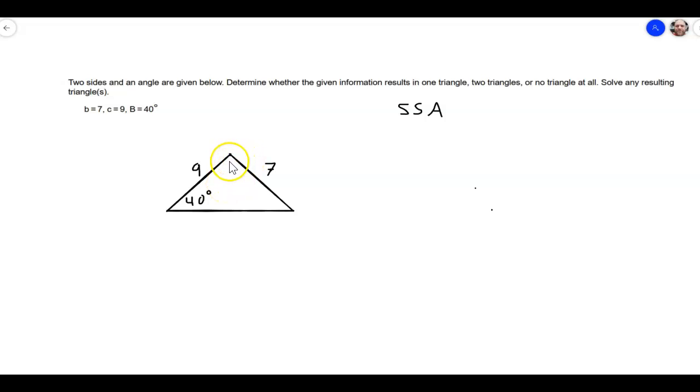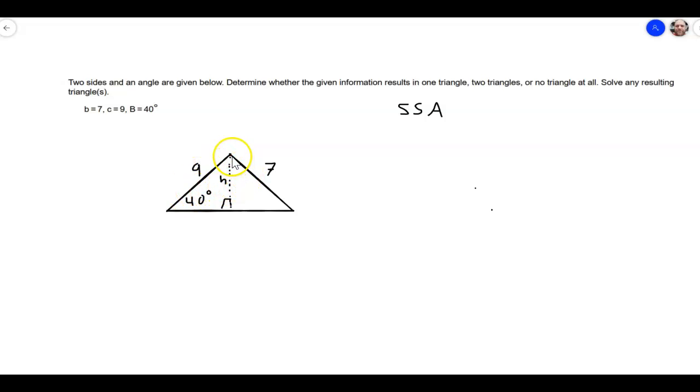And what I want to do here is drop a dotted line straight down, and we're going to call this length the height. And notice that that forms a right triangle here. This side here, we want to see how long this is compared to the height and our side over here.